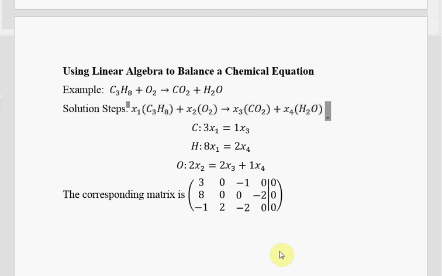Now to solve the matrix. Once you solve it, you're determining x sub 1, x sub 2, x sub 3, x sub 4, and from there you can figure out how much of each you have within this chemical reaction.